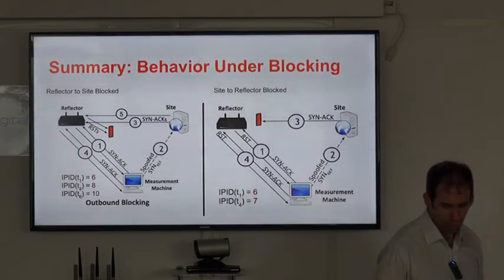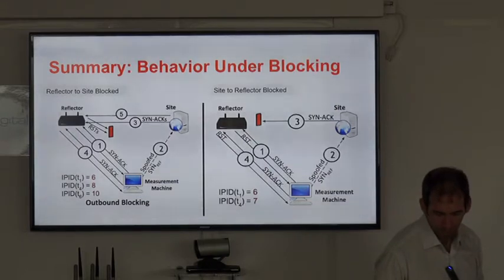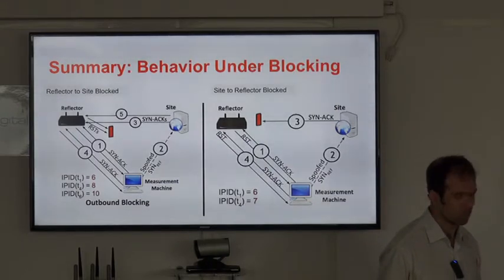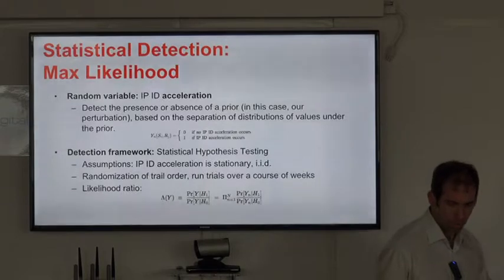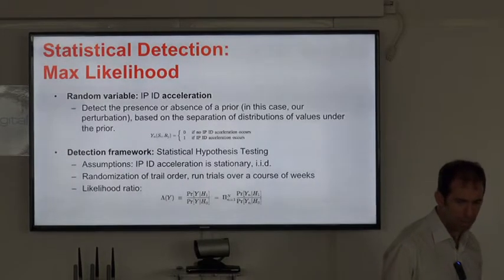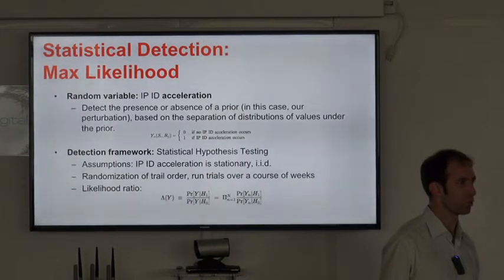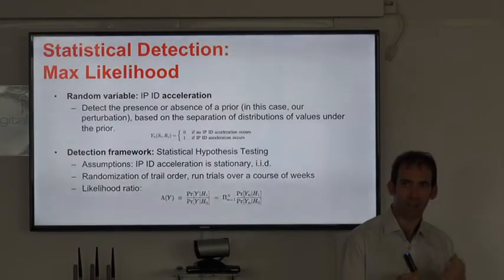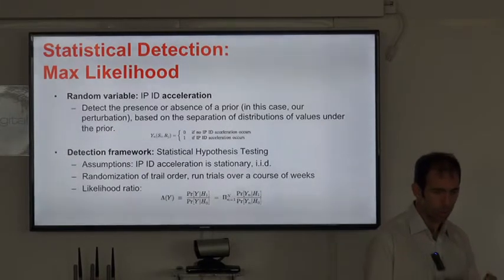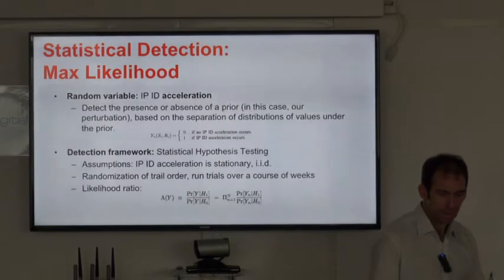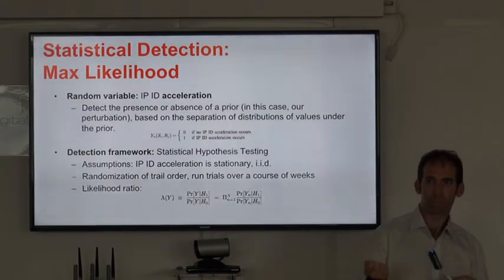Good. So in the interest of time, I will skip the statistics here. But just to give you a basic flavor, this is a maximum likelihood detection problem, right? And the random variable is the IPID acceleration. So our prior is like, did we perturb or not?